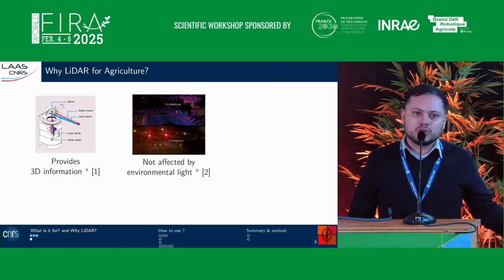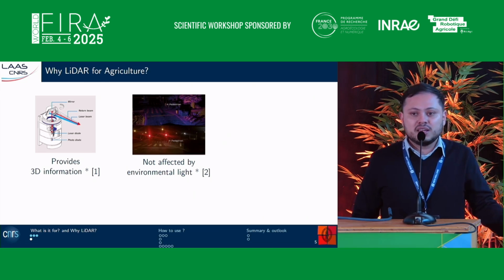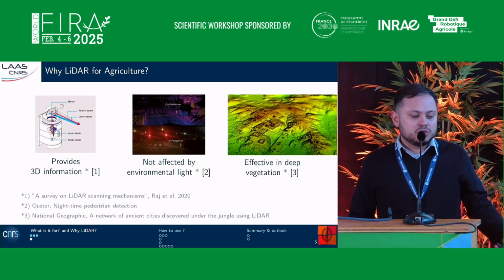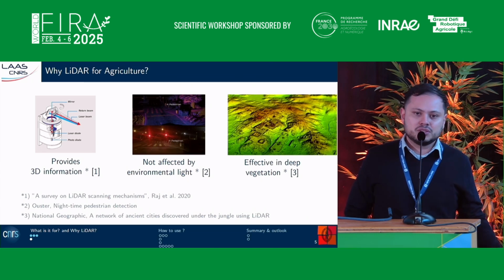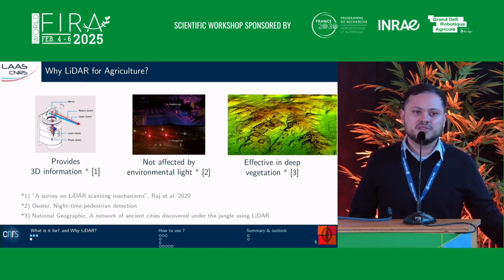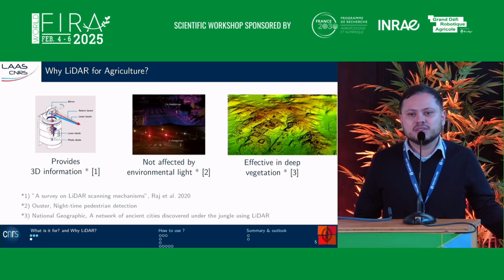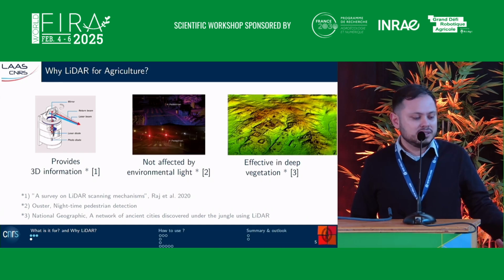That means that our robots can operate without any time constraints. We can work at any moment of the day or night. And also it's effective in deep vegetation, so we can penetrate the vegetation and determine hidden details that are not so easy to detect with regular sensors.